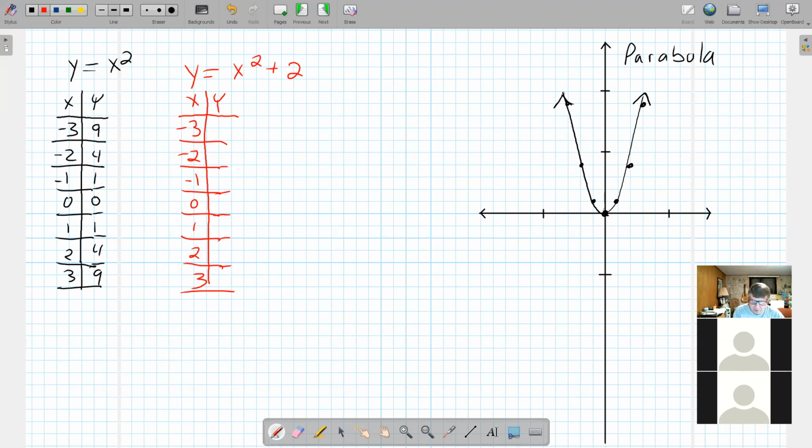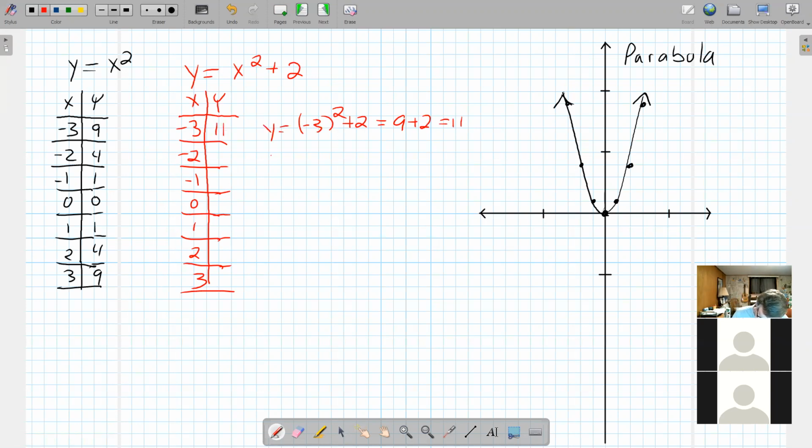Okay. If x is -3, I get y equals -3 squared plus 2. What do I do next? Do I add the 2 or do I actually square the -3? Okay, fine. I'm going to square the -3, so I'm going to get 9 plus 2, which is 11, right?